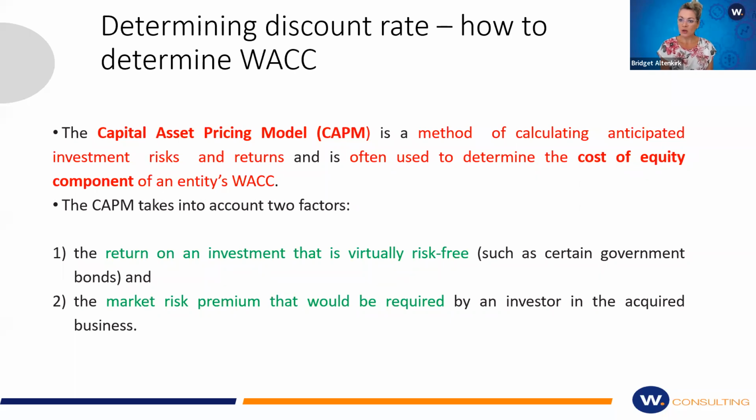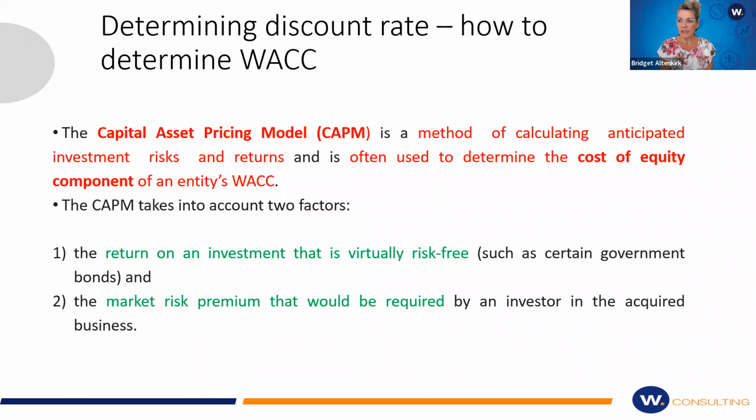Because an entity usually does have the information to calculate the cost of debt component, because you know what is the interest that you are paying to your financiers. It is the cost of equity which an entity may not have. And that is where this capital asset pricing model can be used by an entity to determine what is the cost of equity for purposes of calculating your weighted average cost of capital.